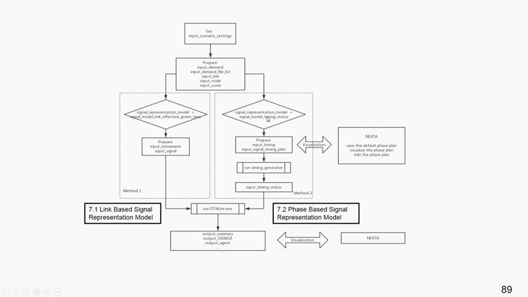For the phase-based representation, what we need here is input movement and also input timing status. This input timing status is generated by timing generator.exe. So all the information can be visualized and added in the NEXTA interface, and then hopefully this will help you to understand how to model and simulate the interesting traffic signal configuration.